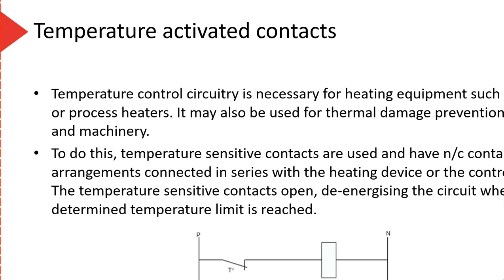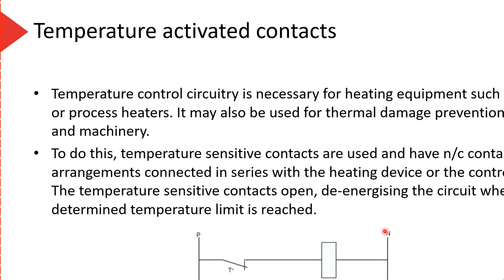Temperature activated contacts. Temperature control circuitry is necessary for heating equipment such as water, air, or process heaters. It may also be useful for thermal damage prevention in processes and machineries. To do this, temperature sensitive contacts are used and have a normally closed contact arrangement connected in series with the heating device or the control circuitry. Temperature sensitive contacts open, de-energizing the circuit when a predetermined temperature limit is reached.